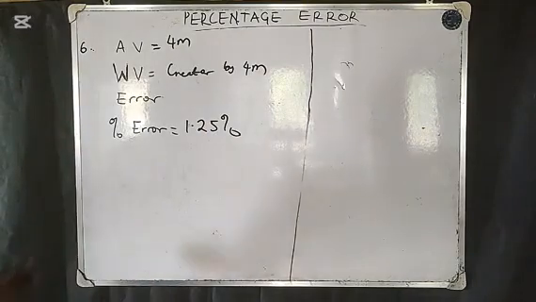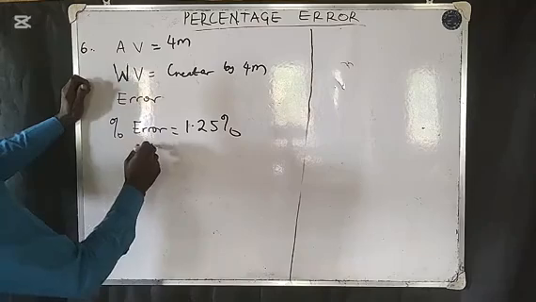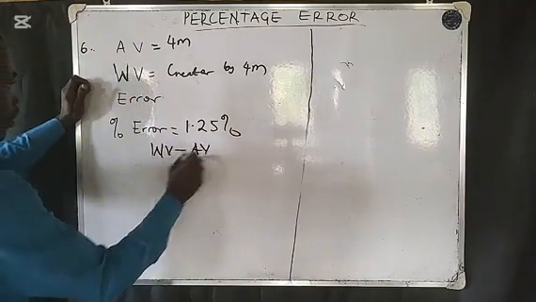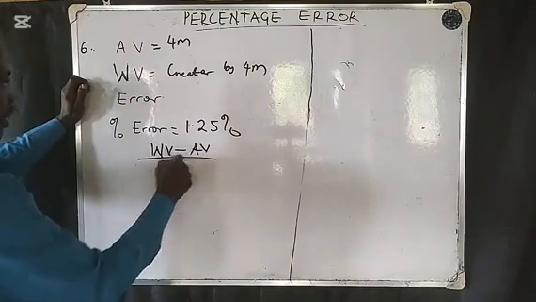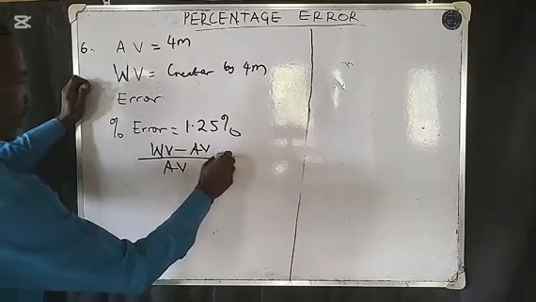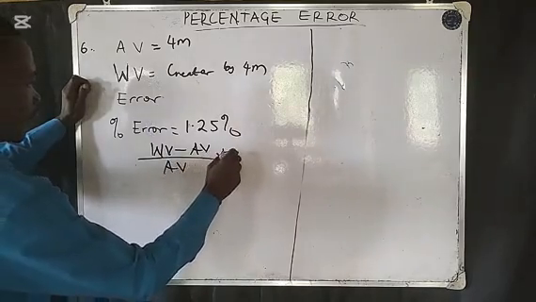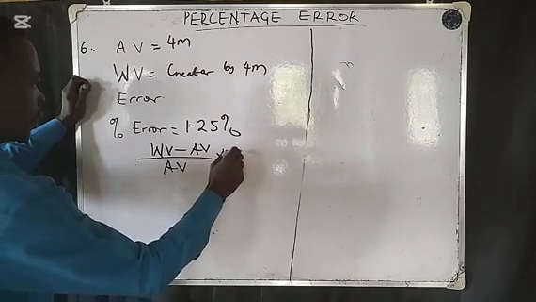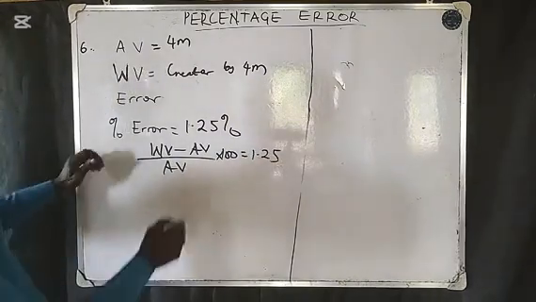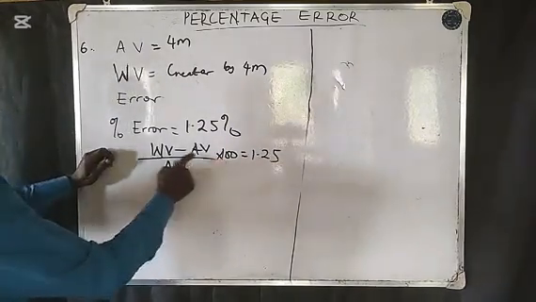Now let's write our formula. Since this one is greater, this one comes first. WV minus AV over actual, AV, times 100, equals 1.25. Okay? Let's multiply it now.